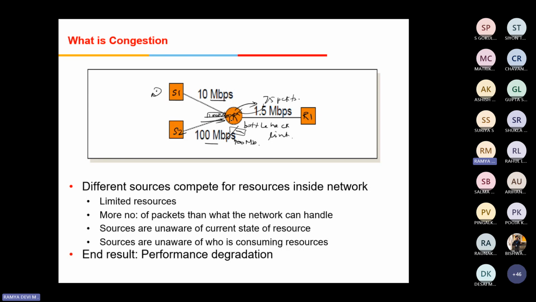So there will be multiple packet drops, timers will expire, and multiple retransmissions will be triggered. At one stage, it will lead to congestion. Different sources will be competing for the resources. Each sender wants to transfer data, but it is a shared common network, so competition will happen.